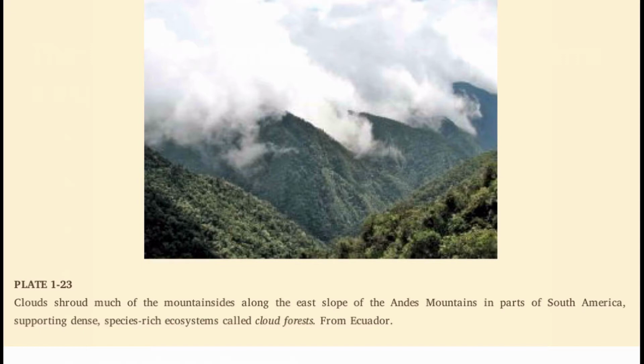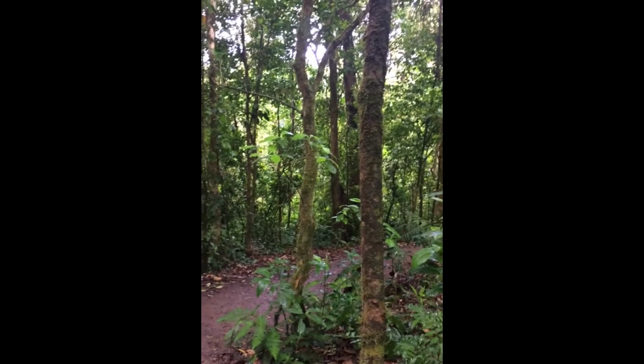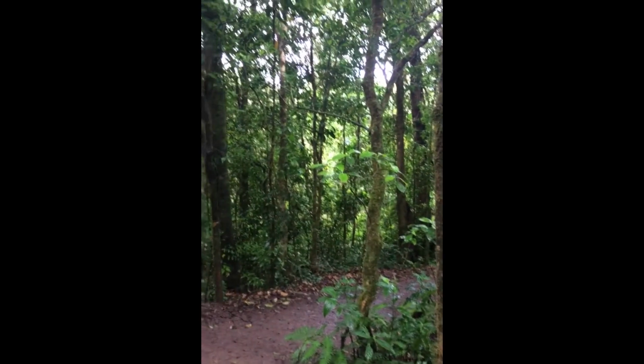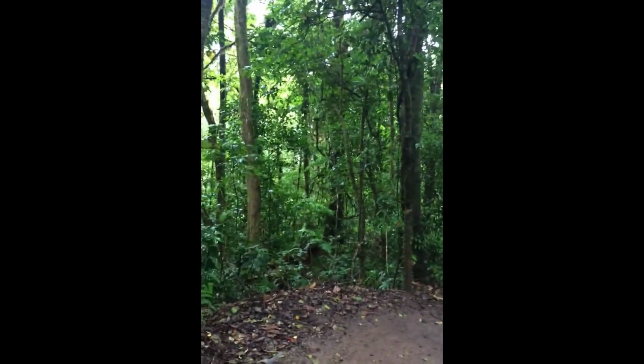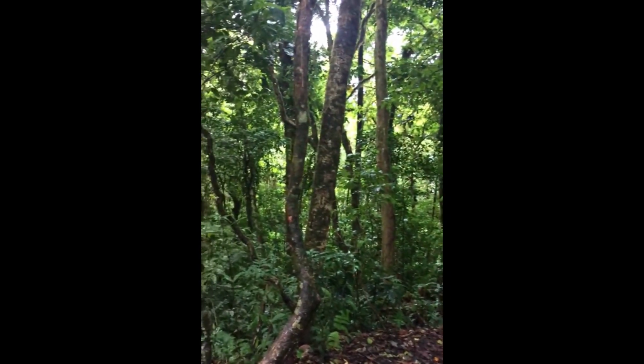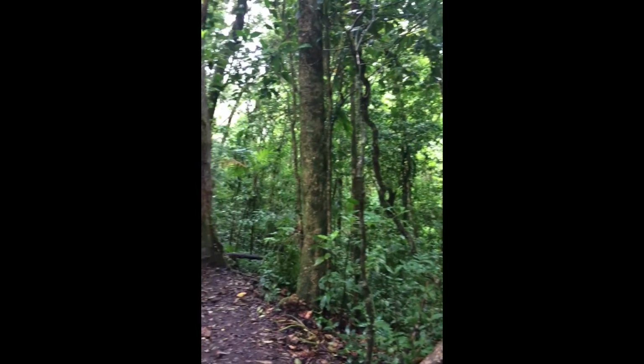And so cloud forests are forests that are immersed in clouds, are continually moist, not necessarily from rain, but from moisture-laden air. So I'm delighted to be here in the Monteverde Cloud Forest Preserve, one of the most famous places to come when you're in Costa Rica.